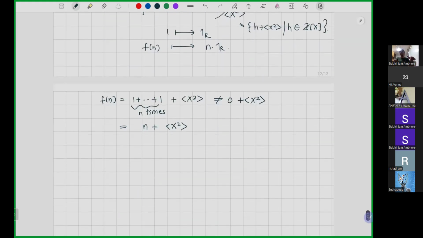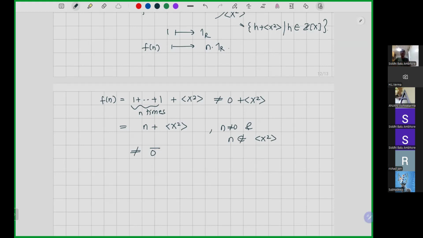So this n is a polynomial in my Z[x], and which is definitely non-zero because this n is clearly non-zero and n also doesn't belong to the ideal x square. So therefore this is not equal to 0 bar in my quotient ring. Is it okay?